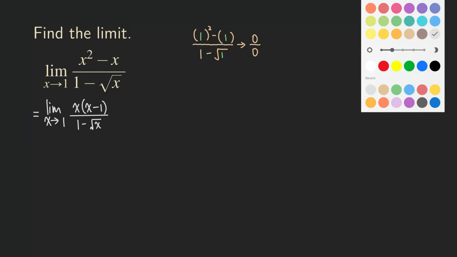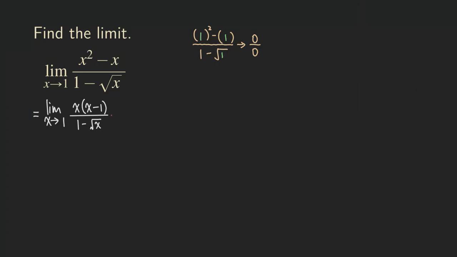We can multiply the numerator and the denominator by the conjugate of this expression here, 1 minus square root of x. Its conjugate is just changing the sign in the middle, so that would be 1 plus square root of x.